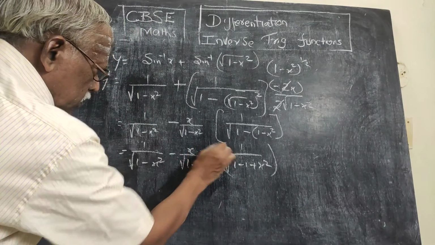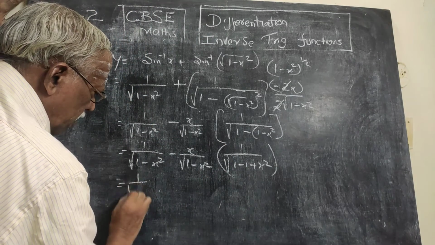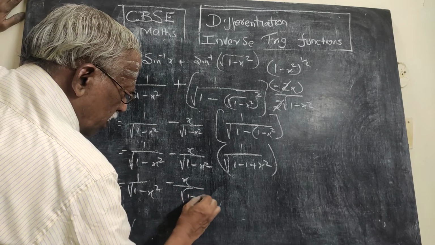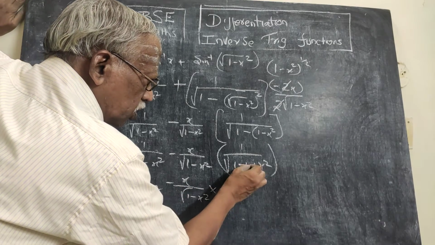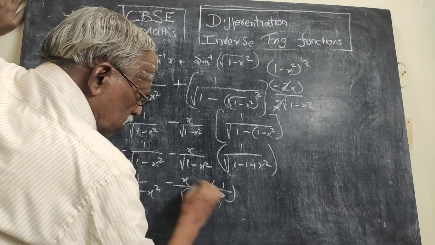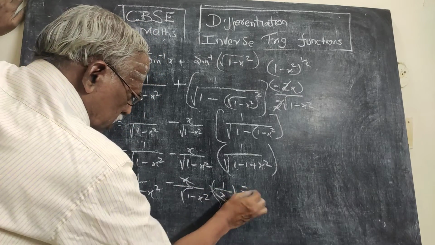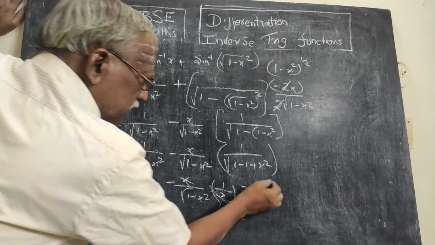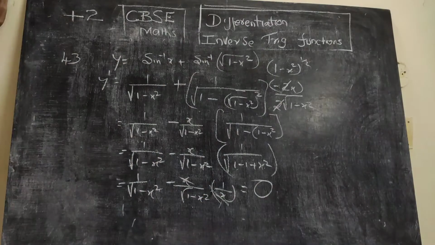So it becomes 1 by root of 1 minus x square minus x by root of 1 minus x square, and this becomes 0. Root of x square, so it becomes 1 by x, so they get cancelled. The result is that 1 by root 1 minus x square again minus 1 by root 1 minus x square, the answer is 0. It's a nice problem.